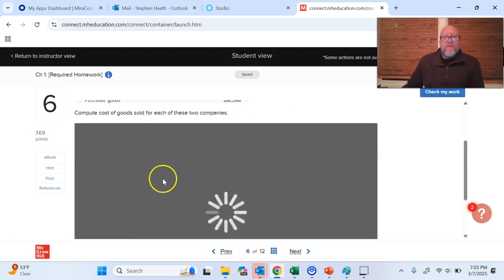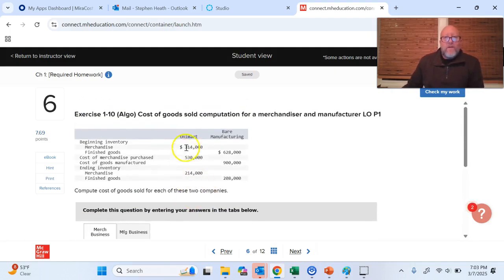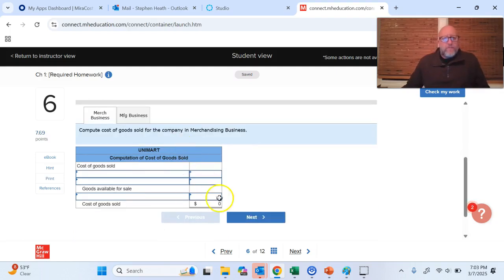This is 2 companies: Unimart and Bear Manufacturing. Okay, so Unimart is a merchandiser, so it's not going to have a finished goods account. Bruce Manufacturing is a manufacturer, obviously, and so it does have those three inventory accounts. It's got finished goods, work in process, raw material.